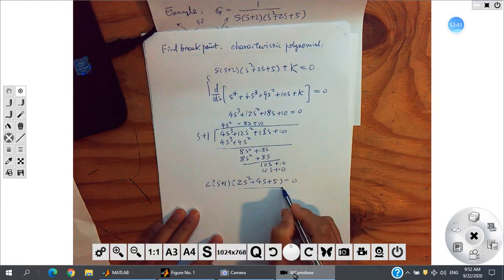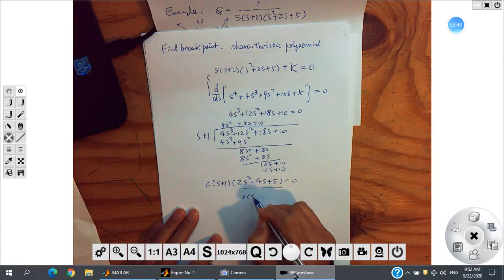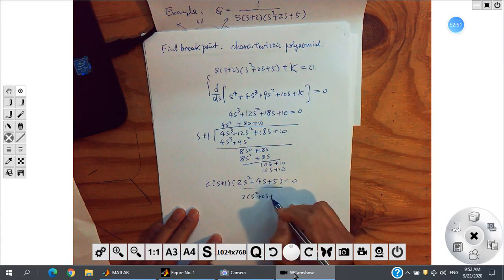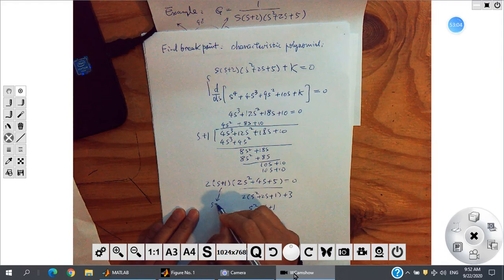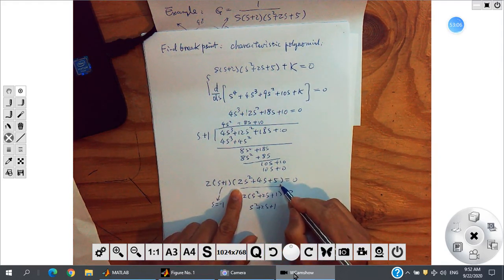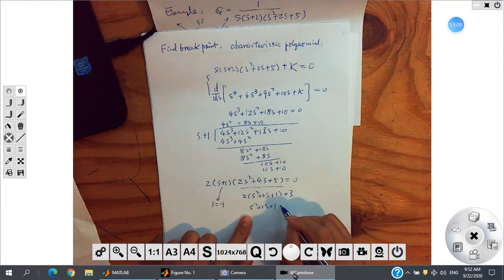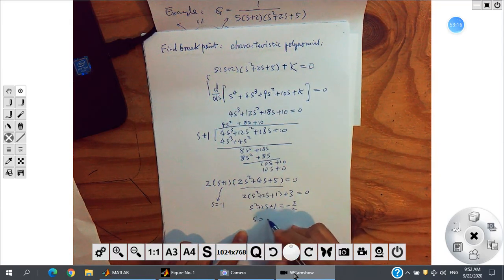This gives s equal to -1, and the other factor, 2s squared plus 4s plus 5 equal to 0, gives s equal to -1 plus or minus square root of 3 over 2 j.